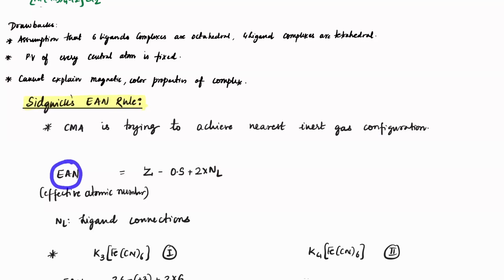And it can be represented as a formula: EAN is the atomic number Z minus the oxidation state of the central atom plus 2 times the number of ligand connections. Not NL, meaning not only ligands, it's about ligand connections, or in short, the coordination number. What is the coordination number of the central atom?